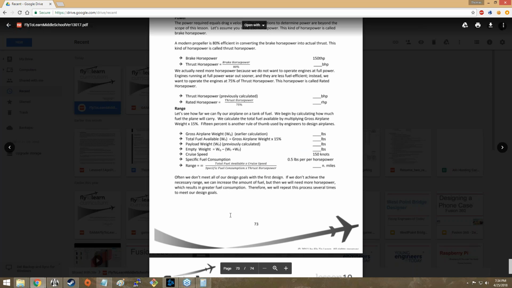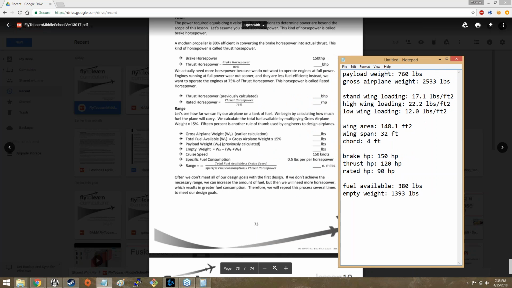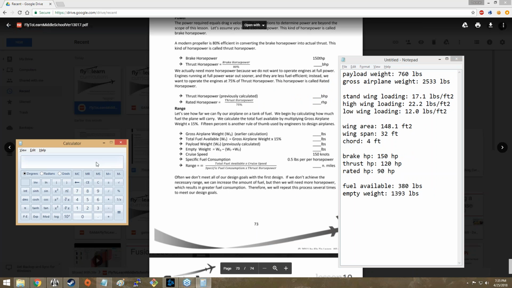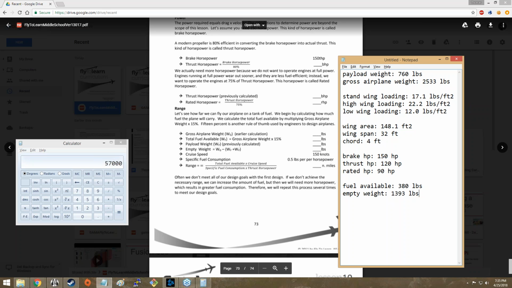Alrighty, so total fuel available is going to be 380 pounds. So 380, and then we're going to multiply that by cruise speed, which is 150 knots. That gives us 57,000.